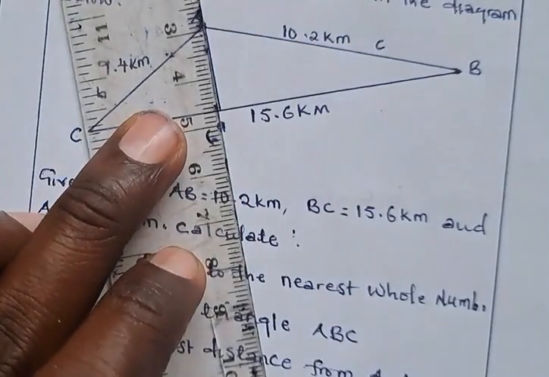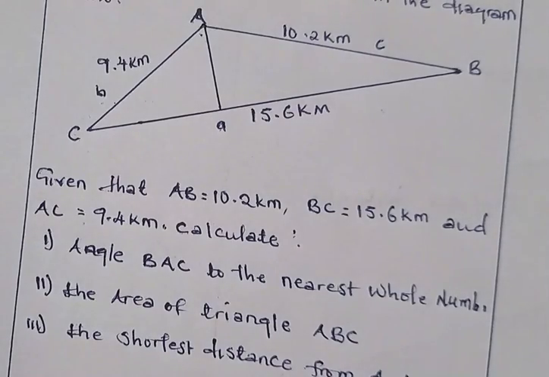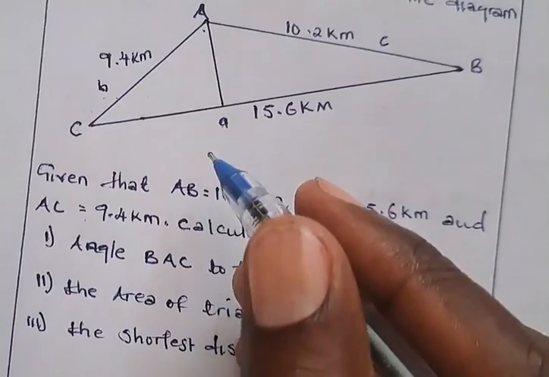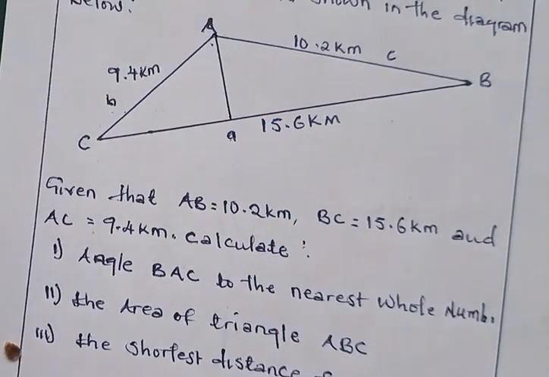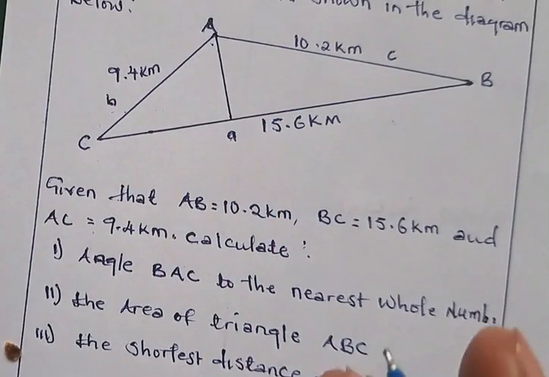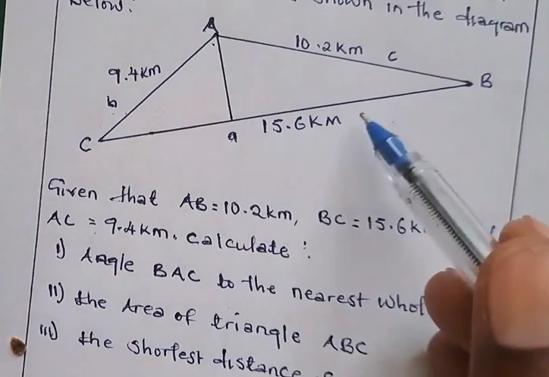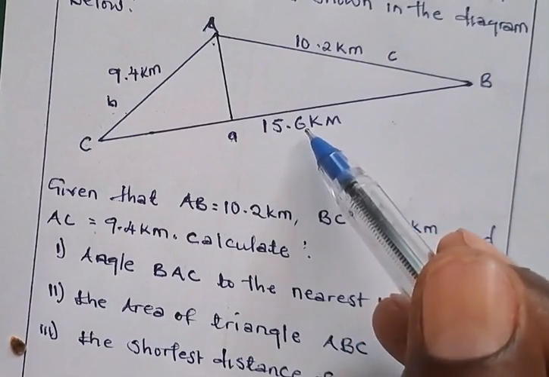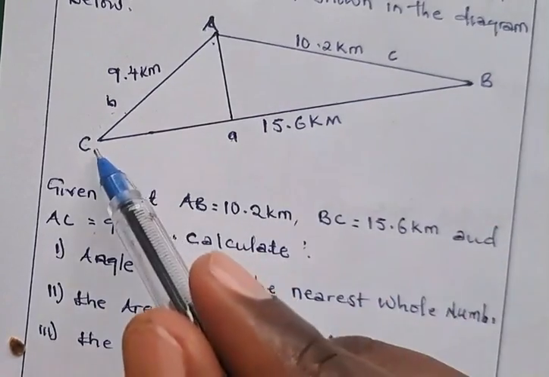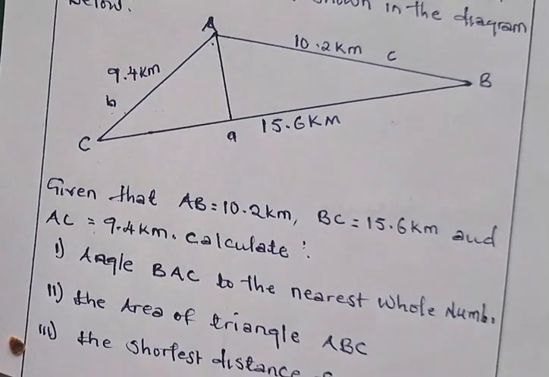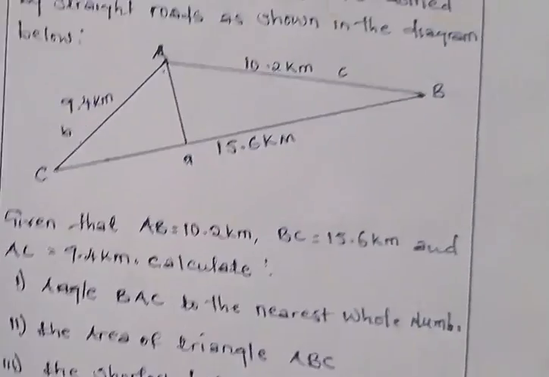For me, I used to think that maybe if I just assume that this one is 90 degrees, then I'm going to use Pythagoras theorem. But again, with Pythagoras theorem, I don't know the length of this part because this 15.6 kilometers is for the whole thing from B to C. So that's what the problem was.